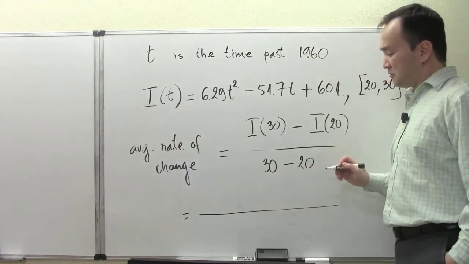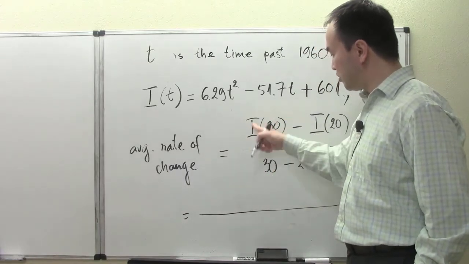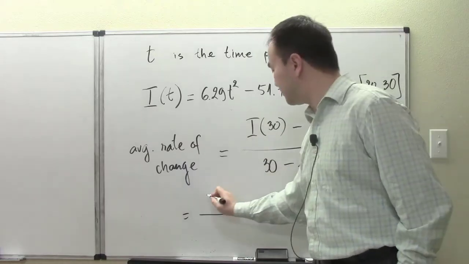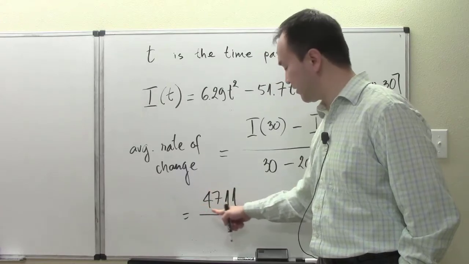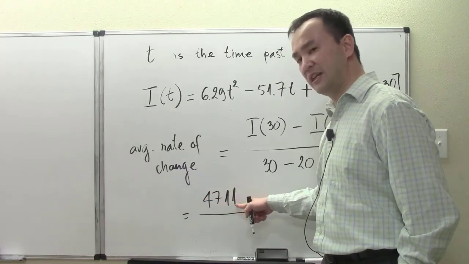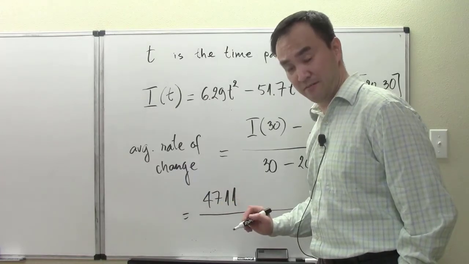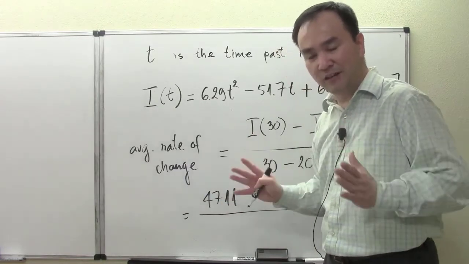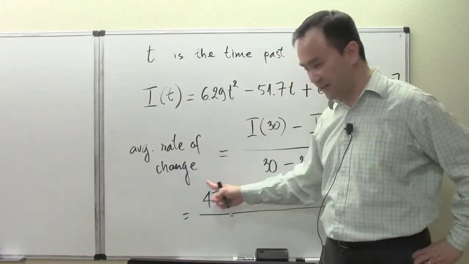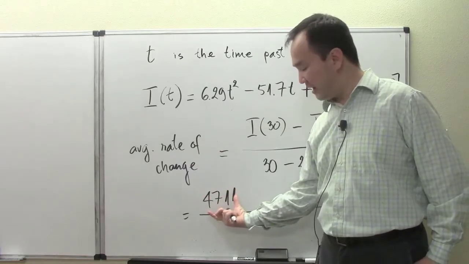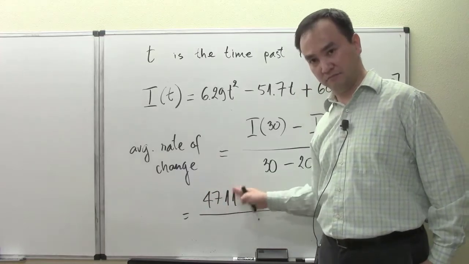My calculation shows I of 30 is going to be 4711, but this means 4,711 billion. We have a really large, highly dense nation here, so even though the figure is only four digits, it's already representing billions.